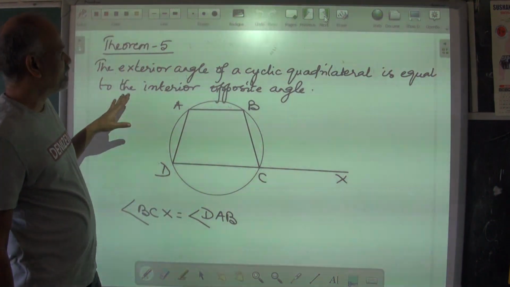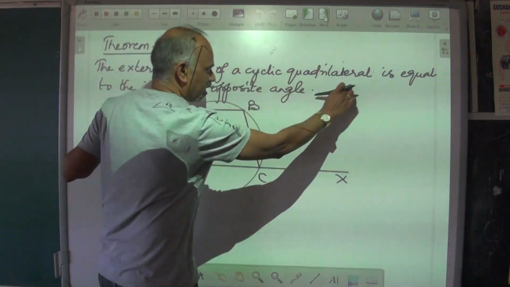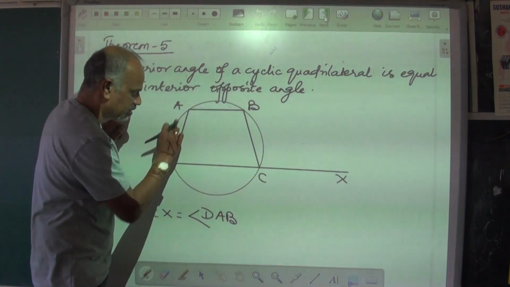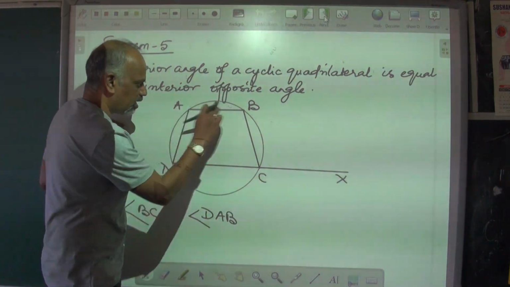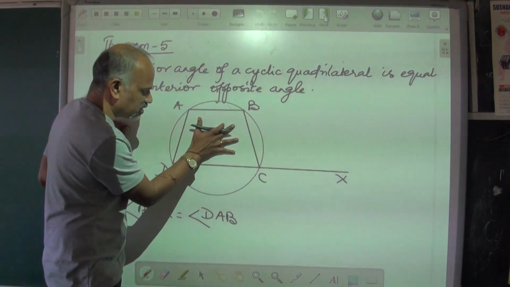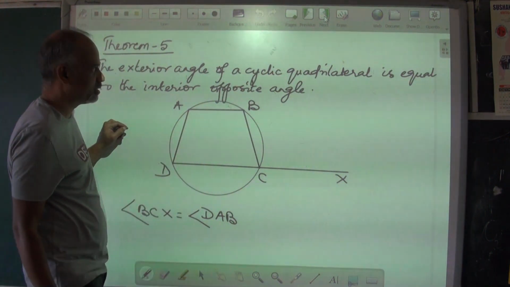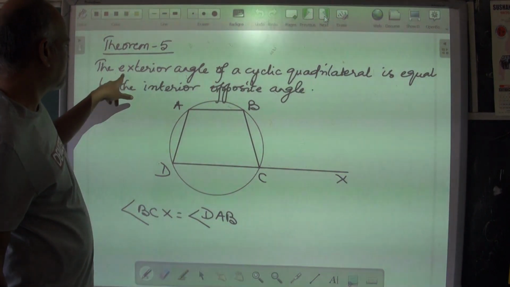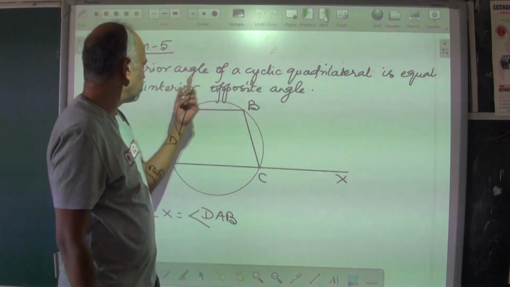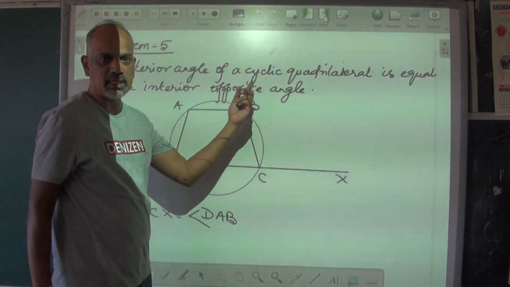Now, first thing is to check whether it is a cyclic quadrilateral. ABCD is a quadrilateral. A, B, C and D, all of them lie on the circumference. Therefore, this figure is a cyclic quadrilateral. The property is the exterior angle of a cyclic quadrilateral is equal to the opposite interior angle.